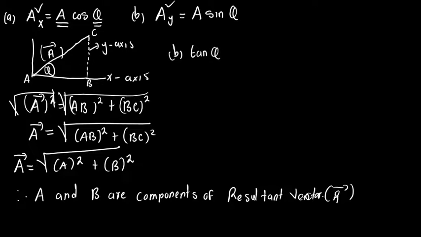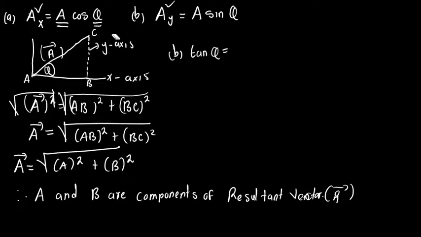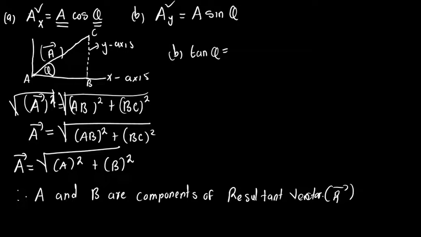Tan theta is equal to opposite over adjacent. Trying to remember the trigonometric functions, let me write this SOHCAHTOA. It's very important to remember this. So it's going to be opposite over the adjacent.